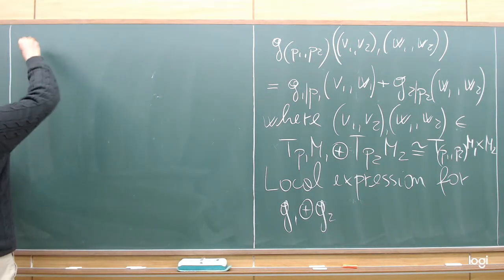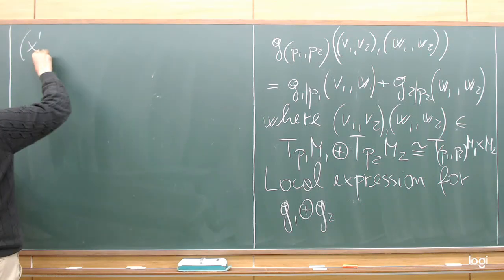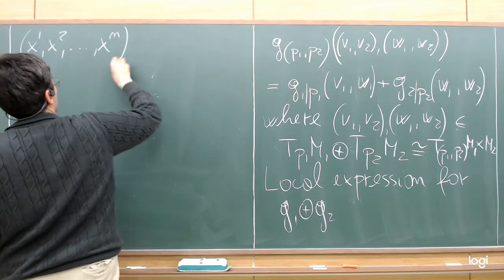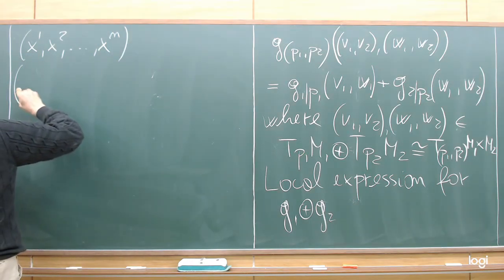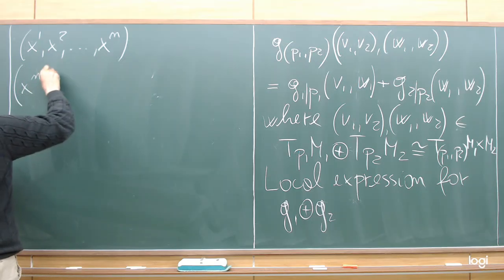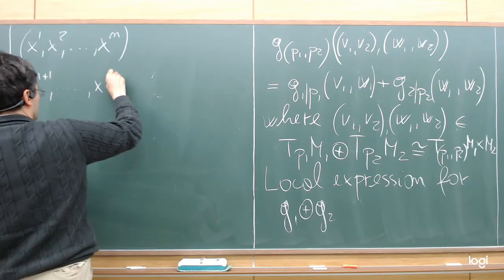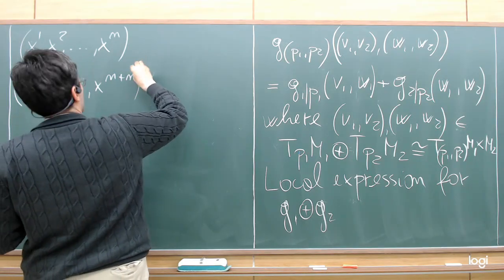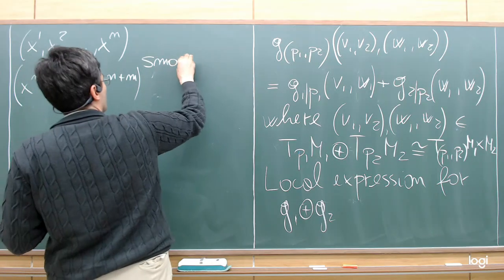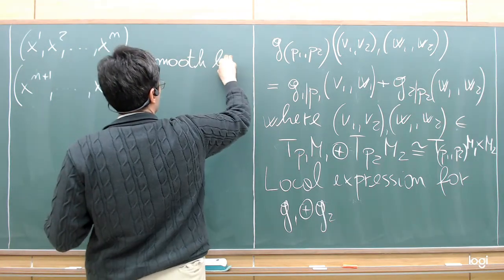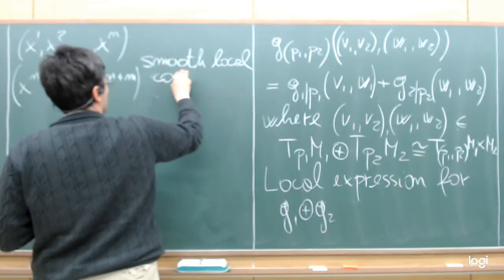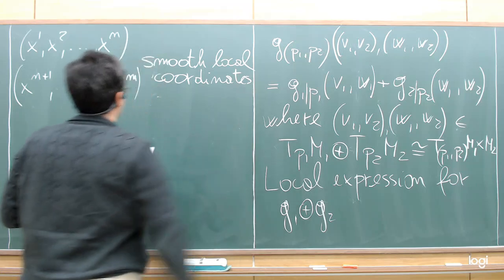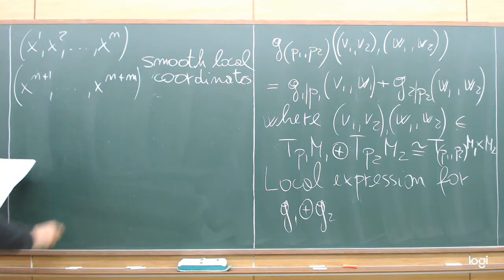In order to do this, suppose that x1, x2, ..., xn and x_(n+1), ..., x_(n+m) are smooth local coordinates for M1 and M2.